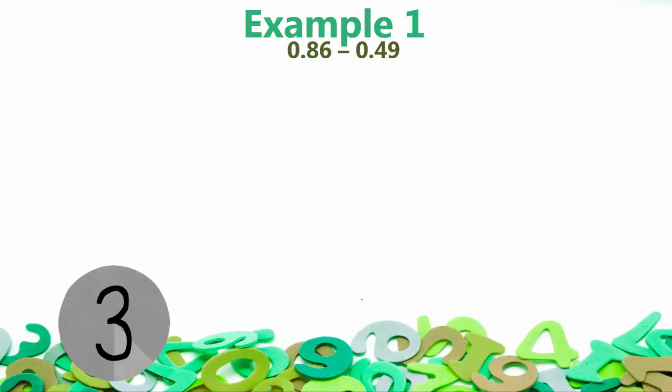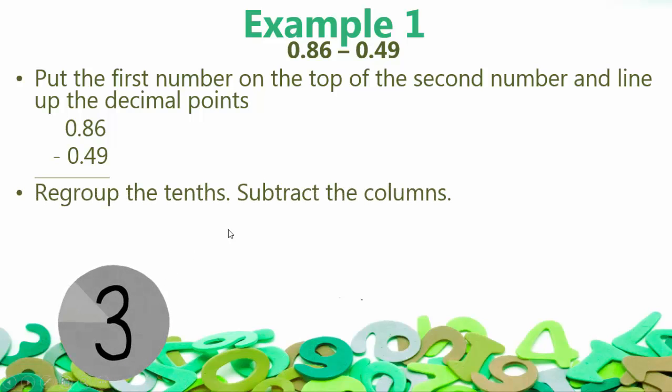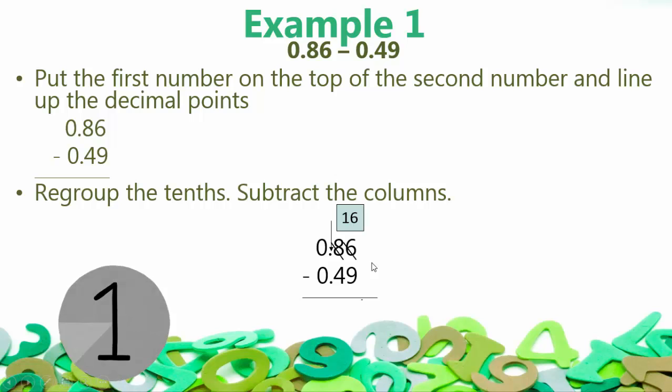Reviewing what I just did on the whiteboard, we put the first number on the top of the second number and line up the decimal points. So here we do that, and we regroup the tenths and subtract the columns. So 6 minus 9 we can't do, so we have to borrow from the 8 to get 16, and that will give us 7 in that column.